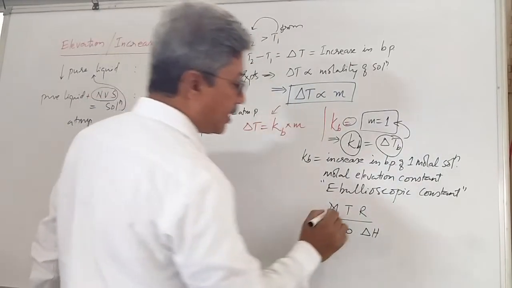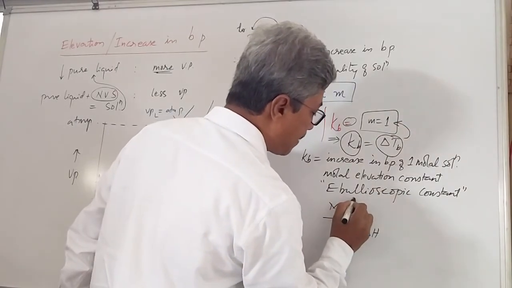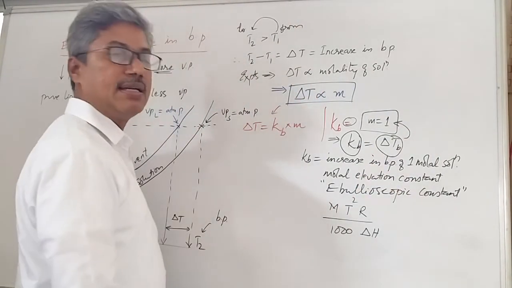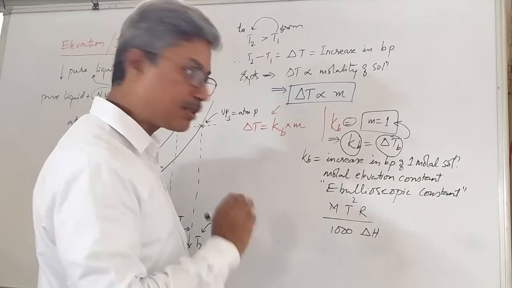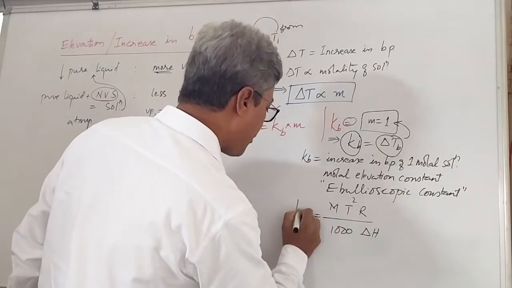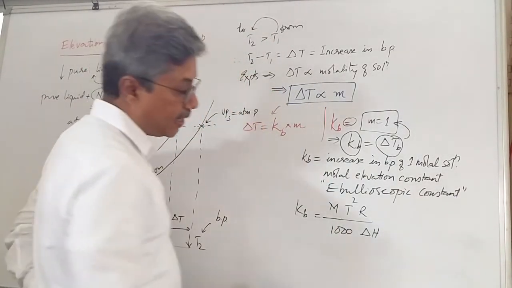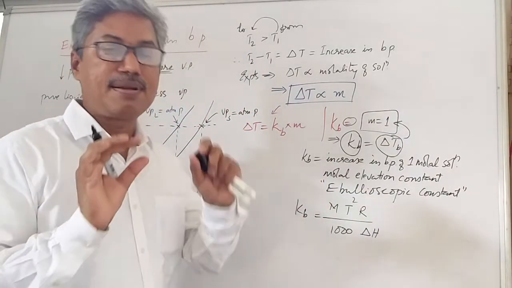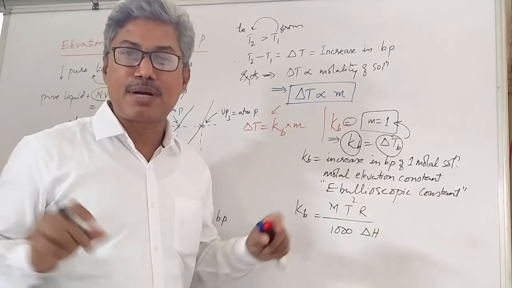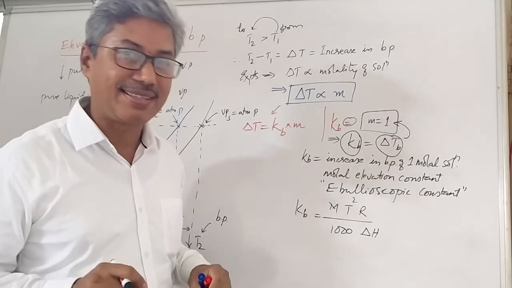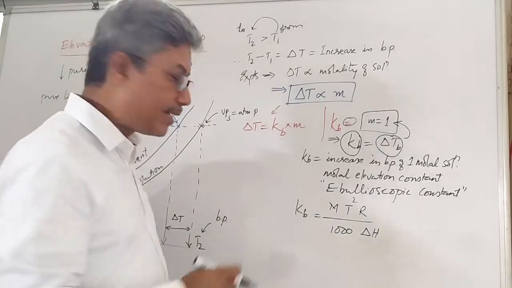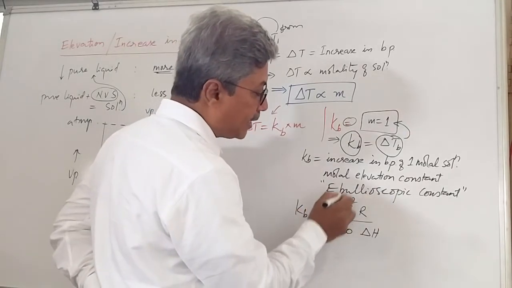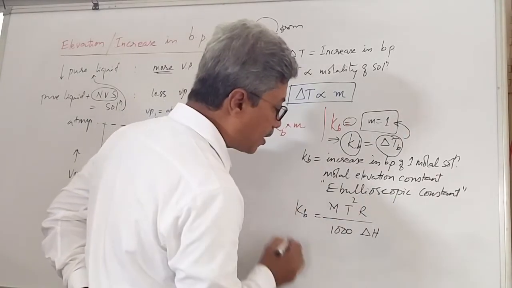See, students, here you need to remember this. This is M1 T square R by delta H into 1000. This is Kb. See here, you forget about this square and you will remember this MTR. There is a brand name of one of the food items, MTR masale, isn't it? MTR. Here what you need to remember is M1 T square R. R is the gas constant.